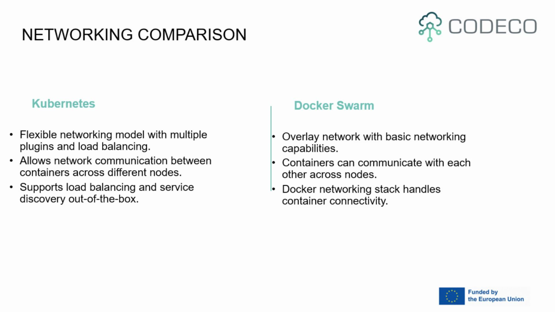Docker Swarm. Docker Swarm provides an overlay network that allows containers to communicate with each other across nodes. It uses the Docker networking stack, including IP routing, DNS, and load balancing to handle container connectivity. However, the networking capabilities provided by Swarm may not be as extensive as those offered by Kubernetes.